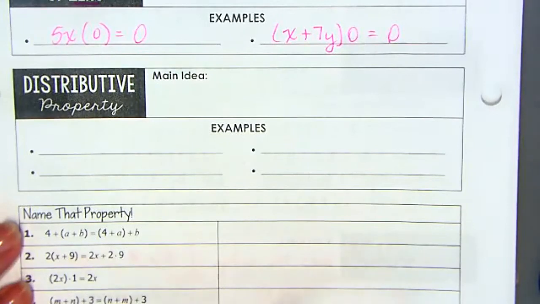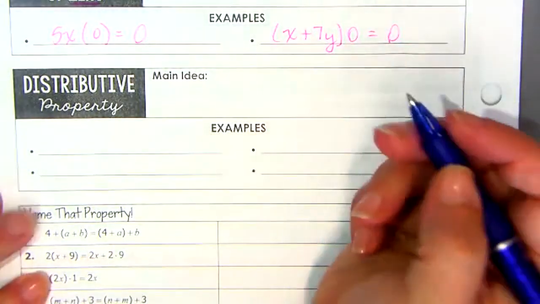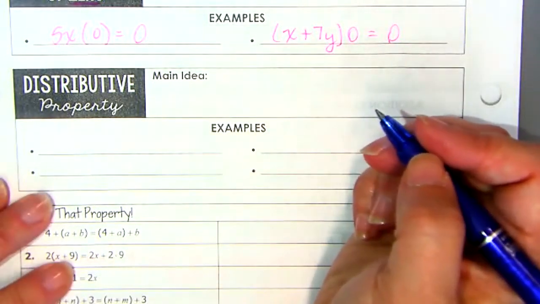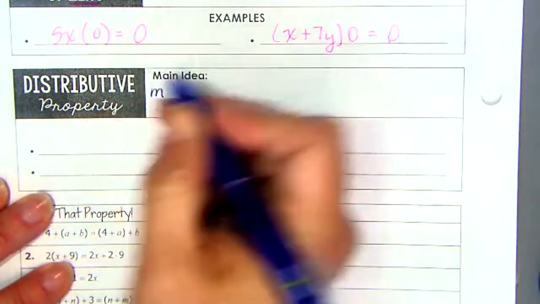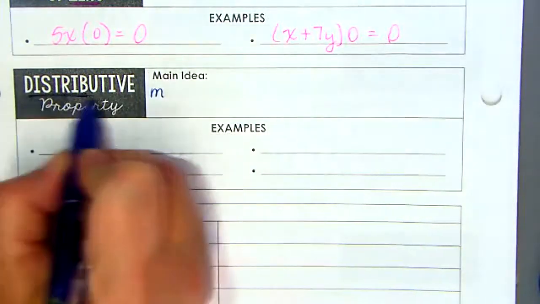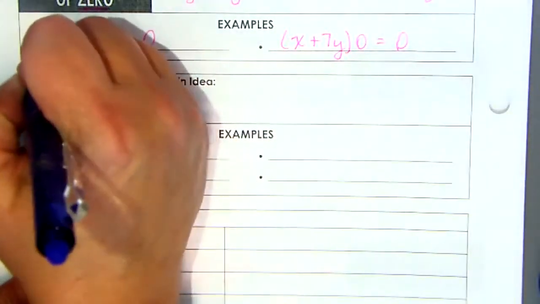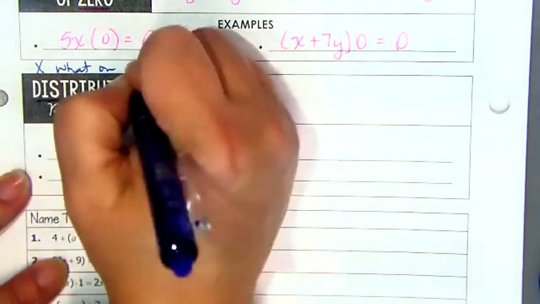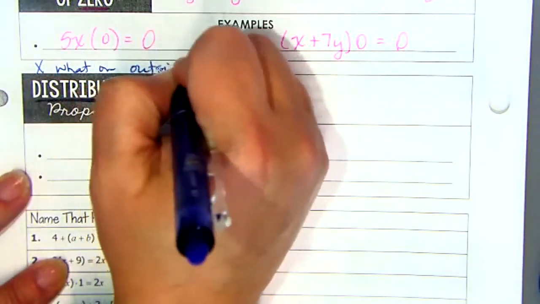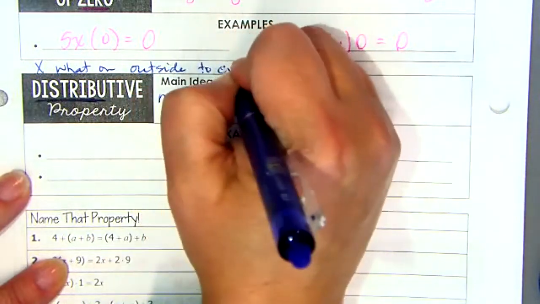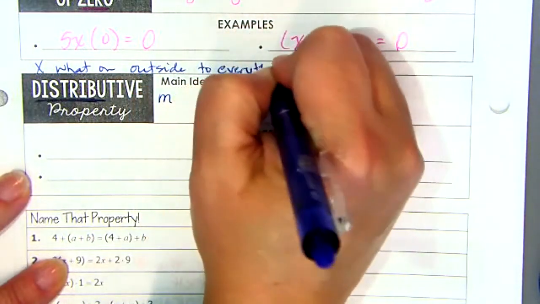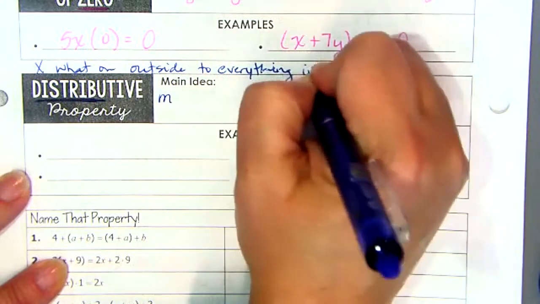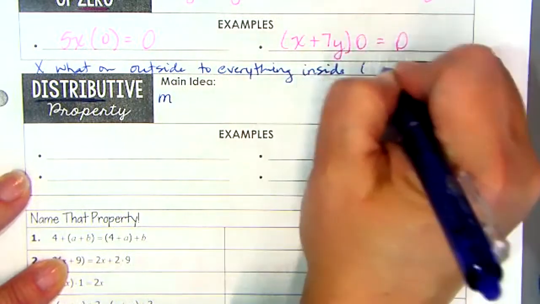Last one, the distributive property. The main idea, distributive property. So we're distributing what's on the outside to everything on the inside. Multiply what's on the outside to everything inside parentheses.